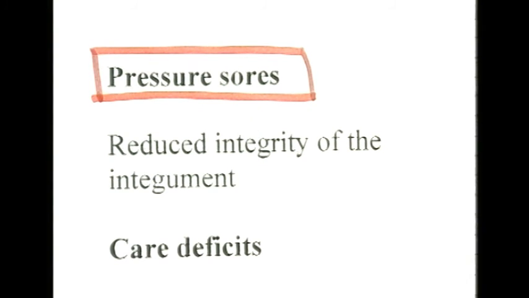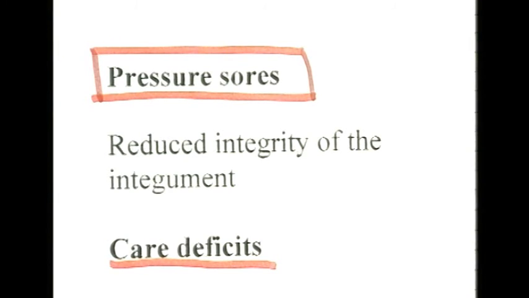And of course, all of these effects of immobility can result in care deficits, where the patient is unable to care for themselves properly. So hazards of immobility on body systems. Immobility can adversely affect the cardiovascular, respiratory, musculoskeletal, urinary, gastrointestinal systems.